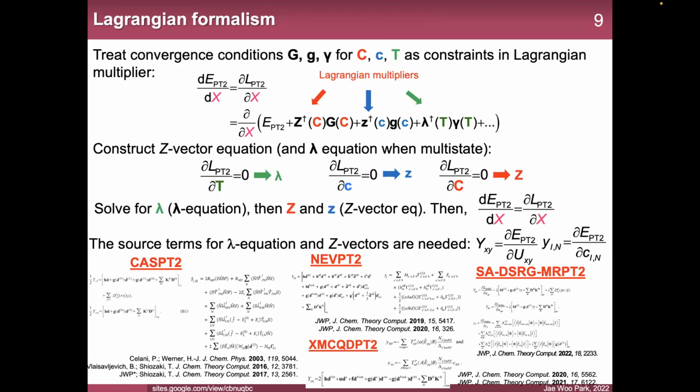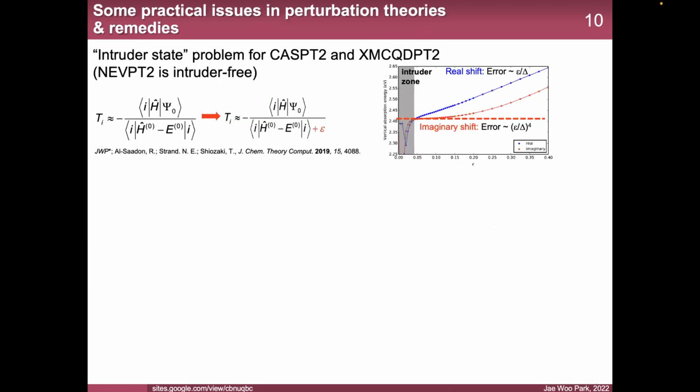So basically, there are some technical advances associated with this development, but the main work to be done is deriving these equations. So I derived these equations and implemented them in computer code, and that made it possible to perform conical intersection searches or molecular dynamics simulations using these perturbation theories.